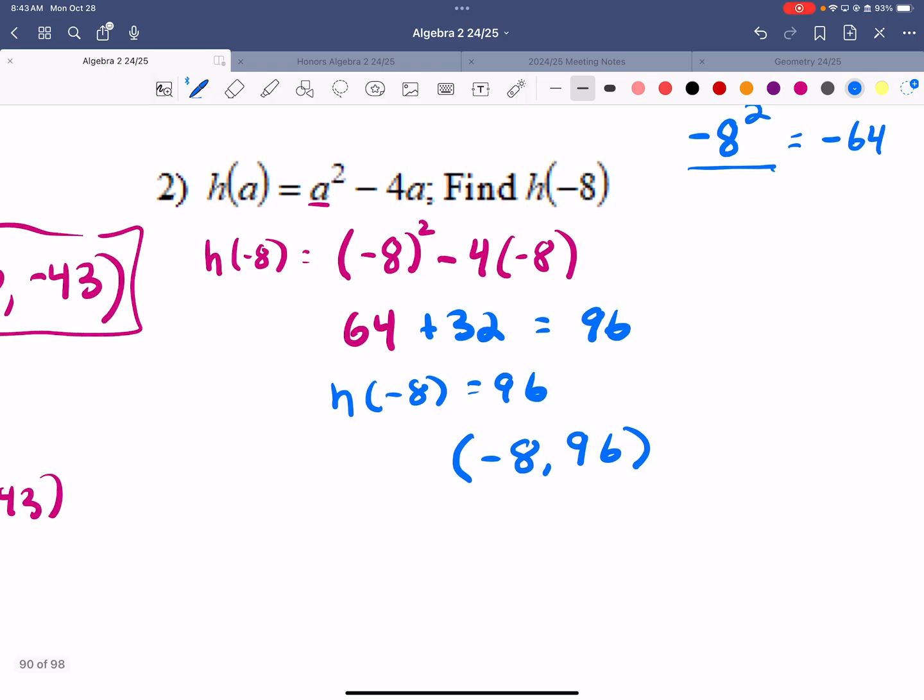Okay. Using that same function, go ahead and find h of negative 10.